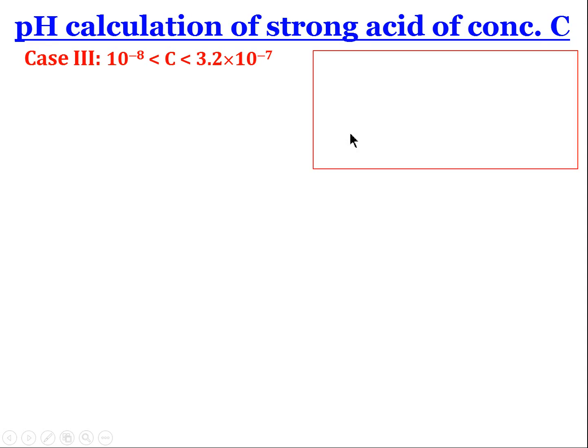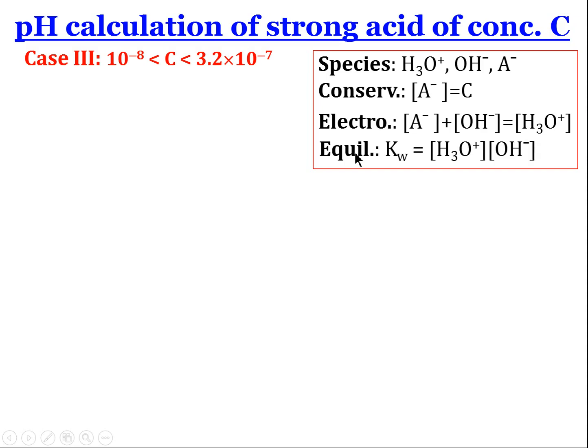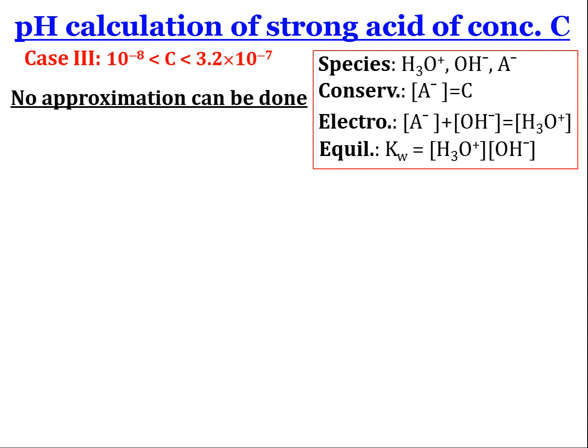We follow the same steps: species present, H3O plus, OH minus, A minus; conservation of species, the concentration of A minus equals C; the principle of electroneutrality, A minus plus OH minus concentrations equal concentration H3O plus; and the expression of Kw equal H3O plus times OH minus in solution.